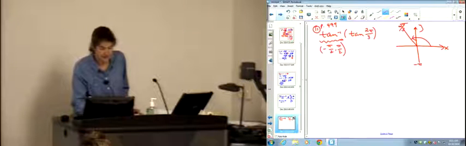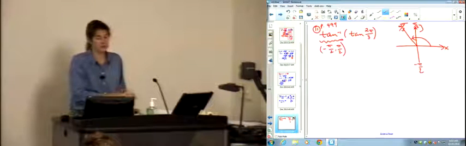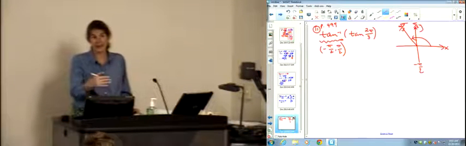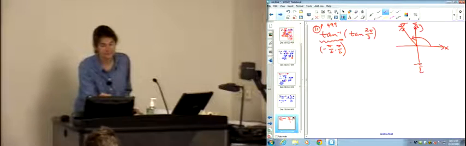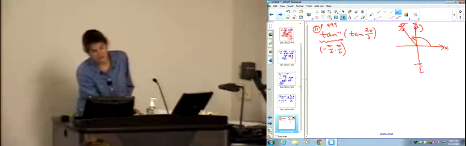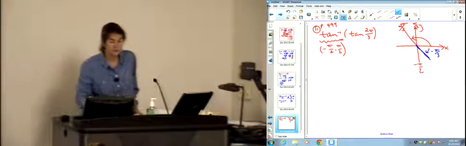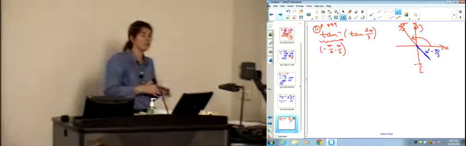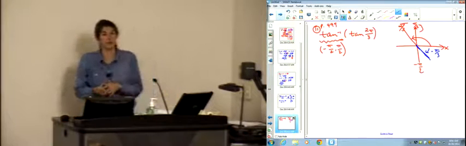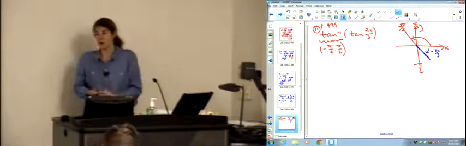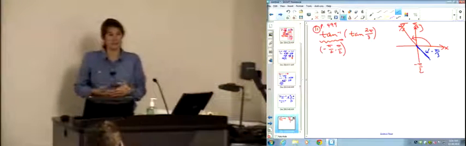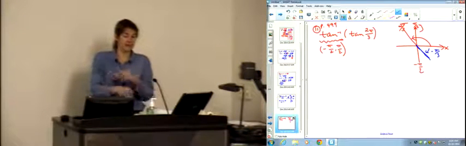But from negative pi halves to positive pi halves, we want to look for an angle that would have that same tangent. Would it be negative pi thirds? It's going to be negative pi thirds. Good. So we're coming down and saying what angle would have the same tangent as 2 pi thirds. It's going to have to be something in the fourth quadrant, because that's where our tangents are negative.